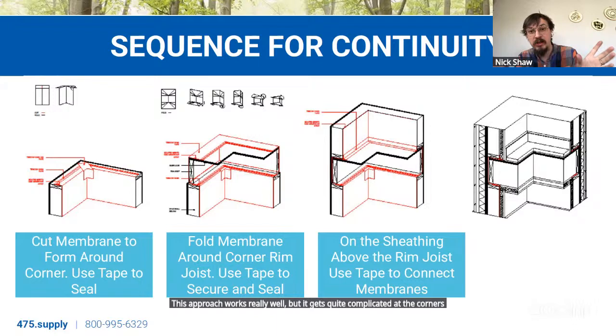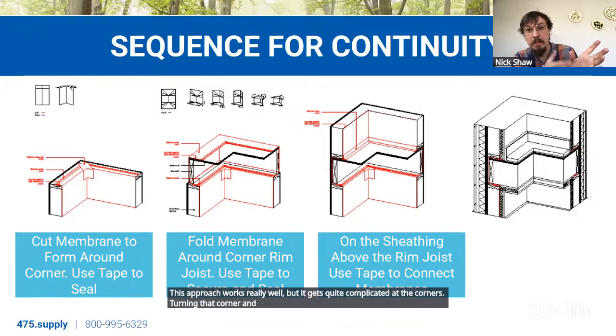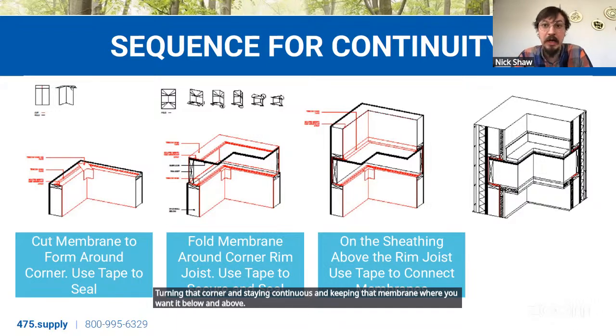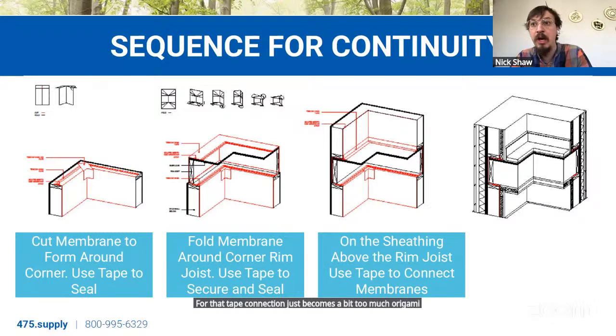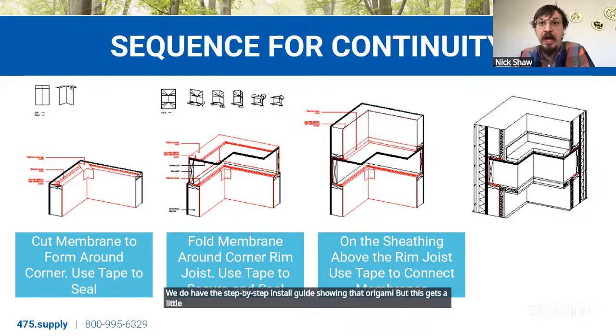Turning that corner and staying continuous and keeping that membrane where you want it below and above for that tape connection just becomes a bit too much origami, in my opinion. We do have the step-by-step install guide showing that origami, but this gets a little laborious and a little complicated.